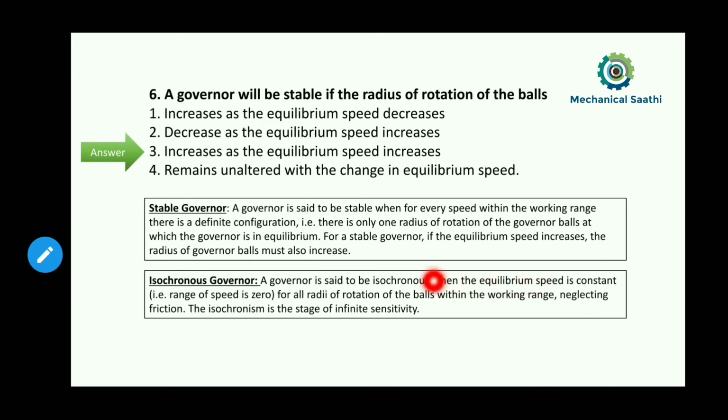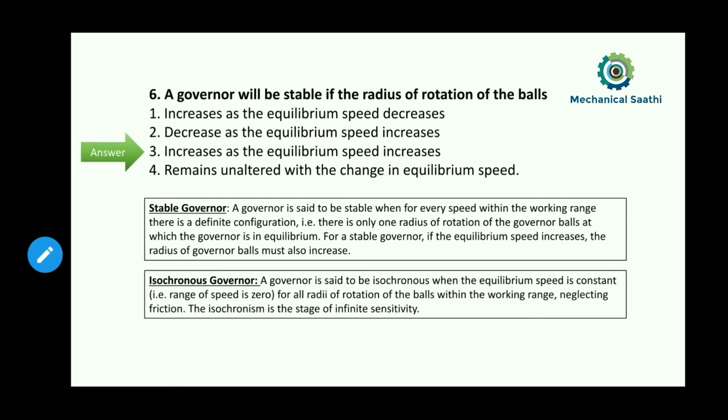When the equilibrium speed remains constant for all radius of rotation, then that type of governor is called an isochronous governor. Basically, isochronism is a stage of infinite sensitivity. Okay, so you can understand it.